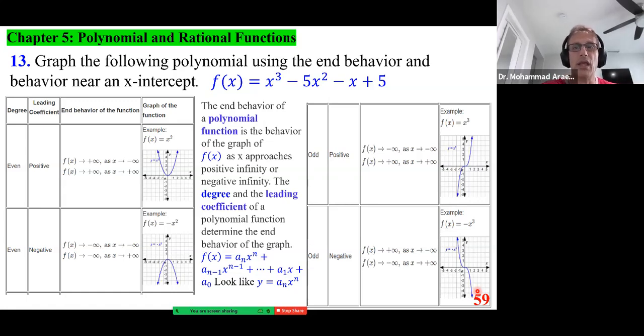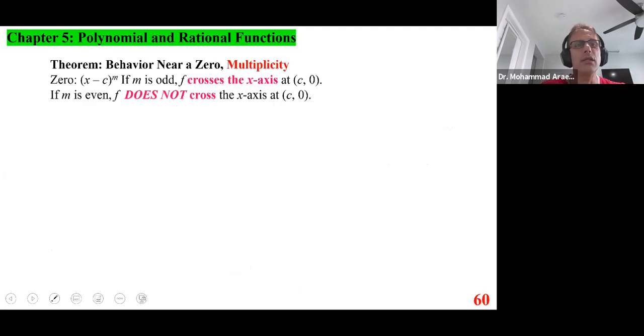What happens when x blows up to infinity or negative infinity? On the other hand, behavior near a zero depends on the multiplicity. In x minus c to the power of m, m is the multiplicity. If m is odd, f crosses the x-axis. If it's even, it doesn't.